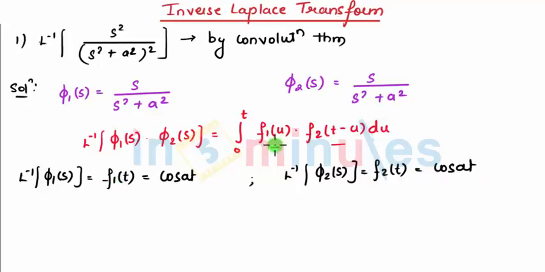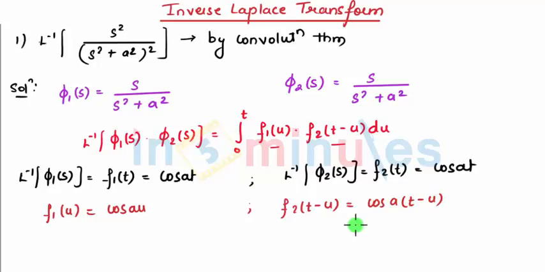I want f1 of u, so just replace t by u in f1 of t: cos au. Similarly, I want f2 of t minus u, so I replace it by cos a into t minus u, which is equal to cos of (at minus au). Now just substitute in the formula on the RHS and let's solve.